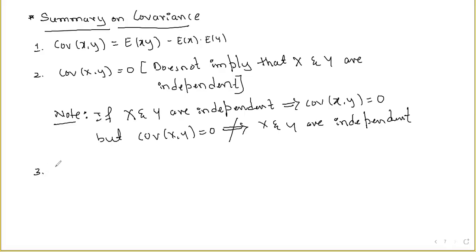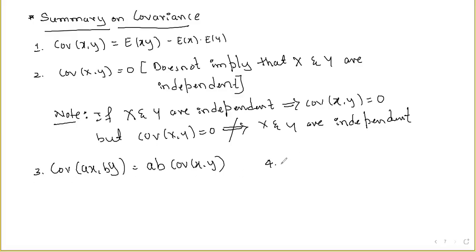Third point, covariance of AX comma BY is equal to, already we proved, A into B covariance of X comma Y, where A and B are any two real constants.